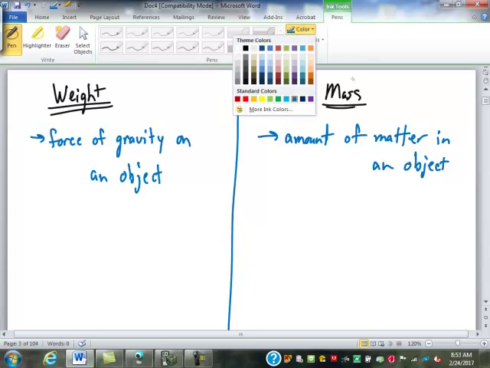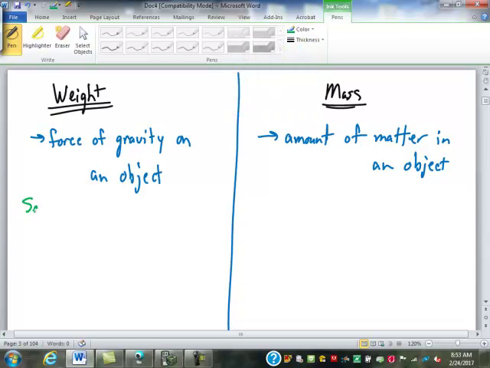The difference really is how they're measured. Weight is measured by a scale. And what a scale is, it's some sort of a spring, some sort of flexible material. A spring is set up so that the more you stretch it, the longer it stretches, the more force it takes to continue stretching it.